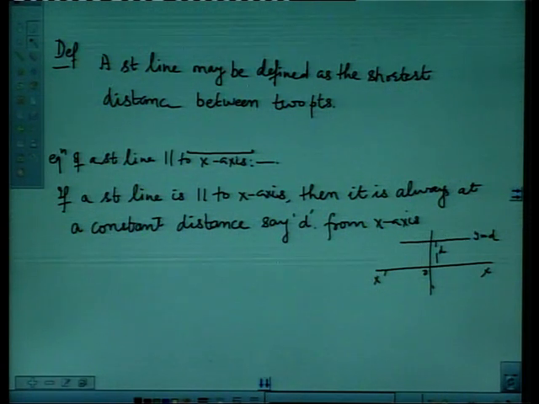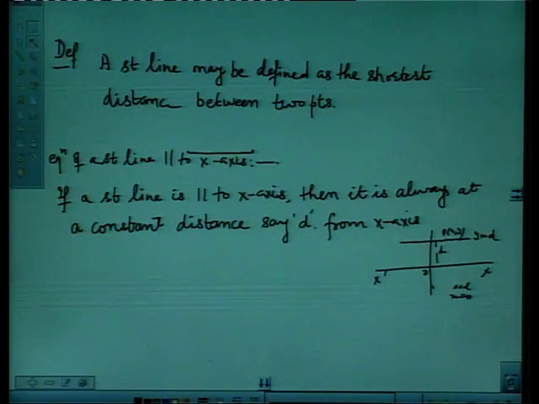Thus, if (x, y) is any point on a straight line, then the equation of the straight line is y equal to d, because here at this point x is 0, only y will be there.